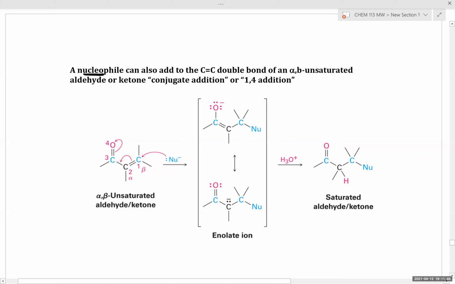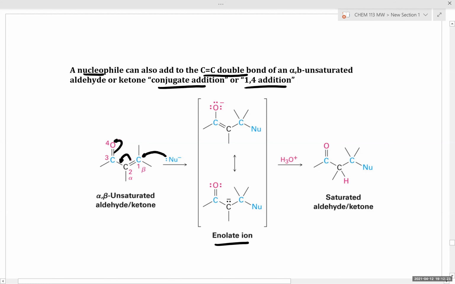The nucleophile can also add to the carbon-carbon double bond of an unsaturated aldehyde or ketone via a conjugate addition or 1,4 addition mechanism, in which case the nucleophile attacks the beta position and we kick our electron density in this carbon-carbon double bond to the adjacent carbon-carbon single bond. This breaks our carbon-oxygen double bond, and in turn, we generate an enolate.